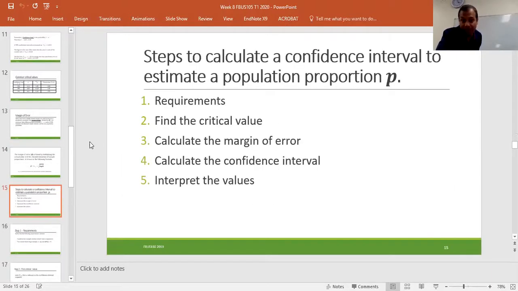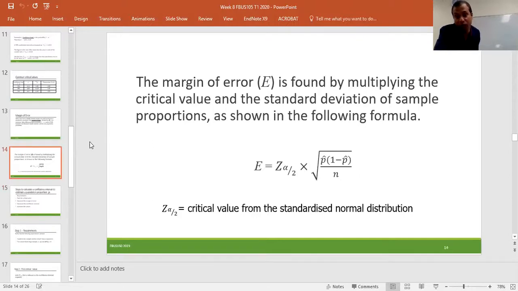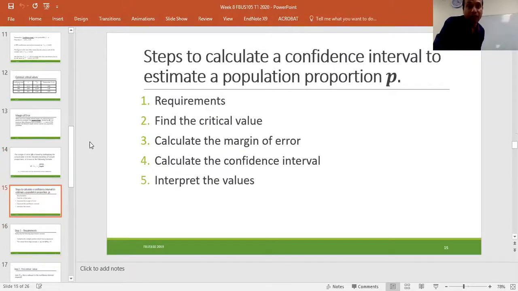And then we have seen which formula to use for finding the margin of error. So let's go through these 5 steps. The sum is to calculate the CI, the confidence interval, but you need to follow these 5 steps one by one. So the first one is requirement. Does this exercise fulfill the requirement of the normal distribution, right?